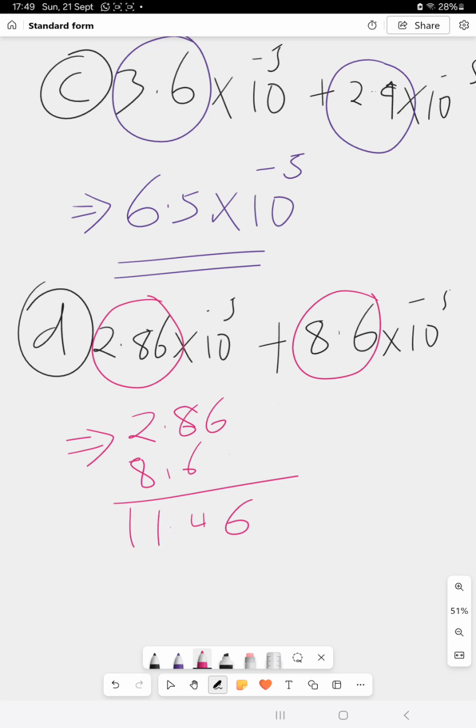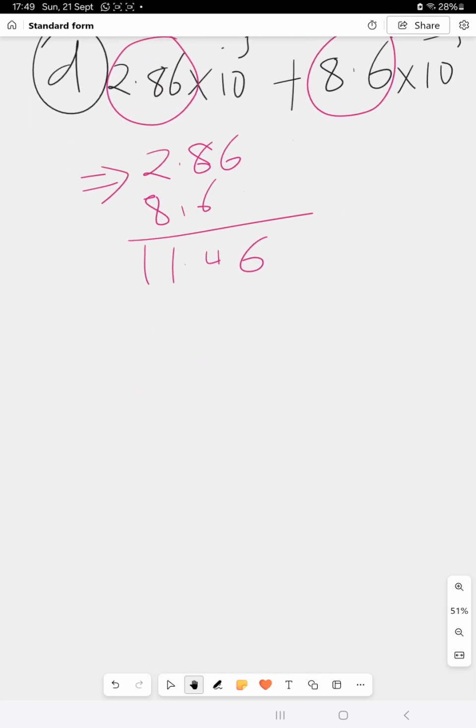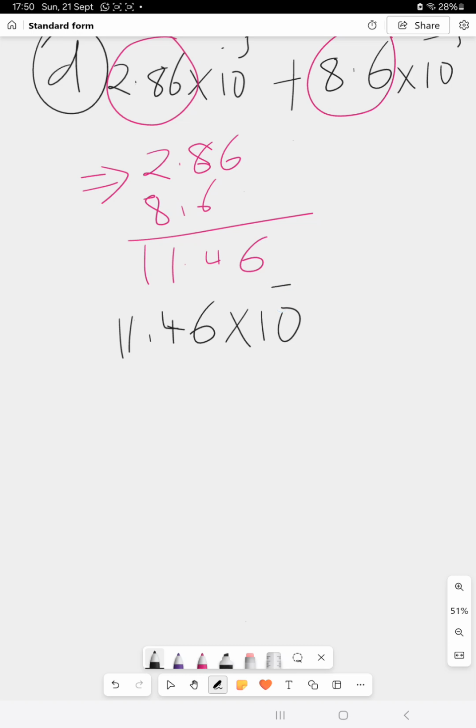Then there is a point there. So our answer in this case is 11.46 times 10 raised to negative 5.